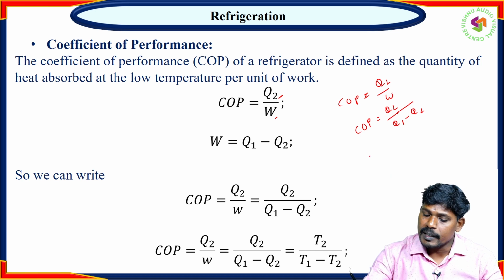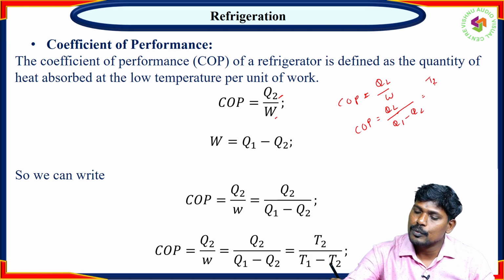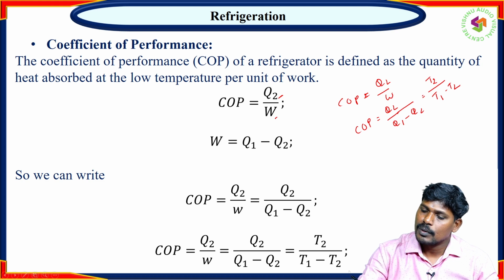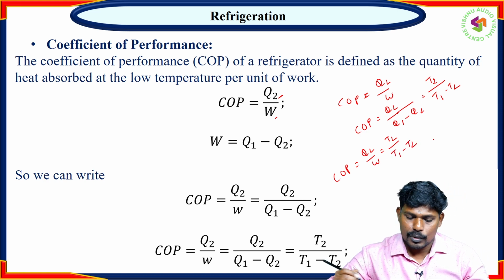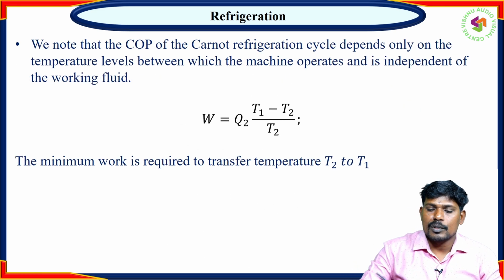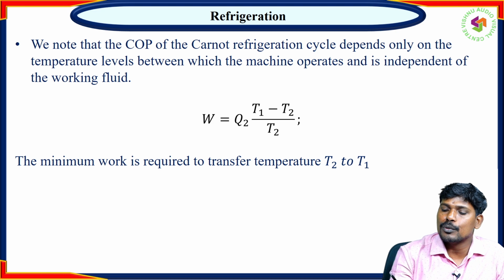So we can write this in terms of temperature also, that is T2 by T1 minus T2. Now COP is equal to Q2 by W is equal to T2 by T1 minus T2. So from there we can write W is equal to Q2 into T1 minus T2 by T2.